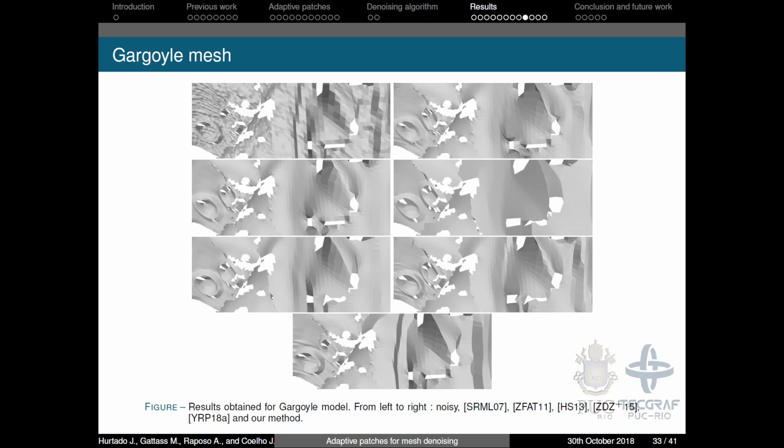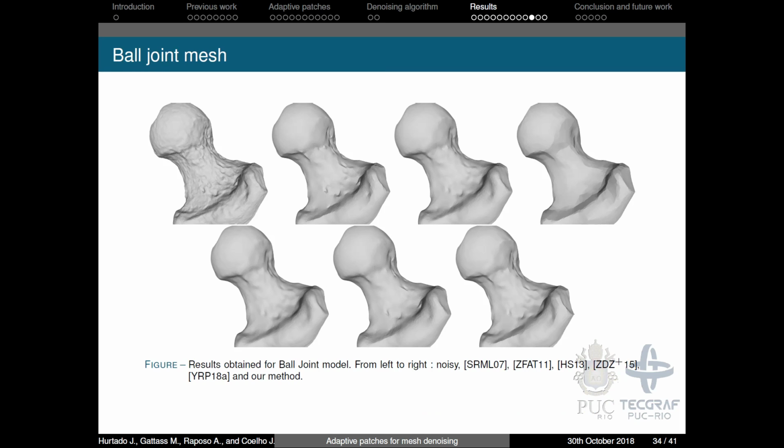We can see better here where these patterns of lines are more defined in our result, which is the last one. The others are blurred and lose these details. This is another sample. We can see in general that we preserve most of the details of the original mesh while removing the noise.